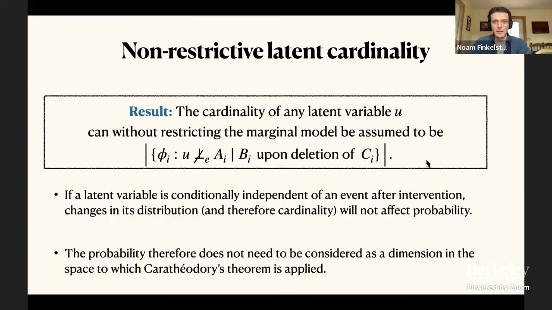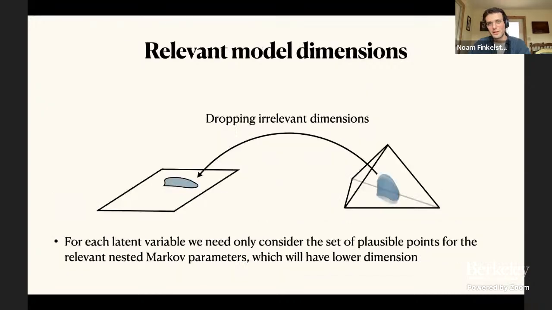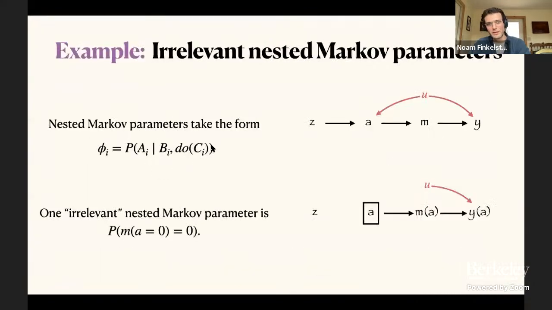Okay. And the way that we formalize that, the result that intuition leads to, is that the cardinality of any latent variable U can, without restricting the marginal model, be assumed to be the size of the set of nested Markov parameters such that U is not E-separated from AI, conditional on BI, upon deletion of CI, where AI, BI, and CI are the variables to the left of, to the right of, and in the do-conditional for the corresponding nested Markov parameter.